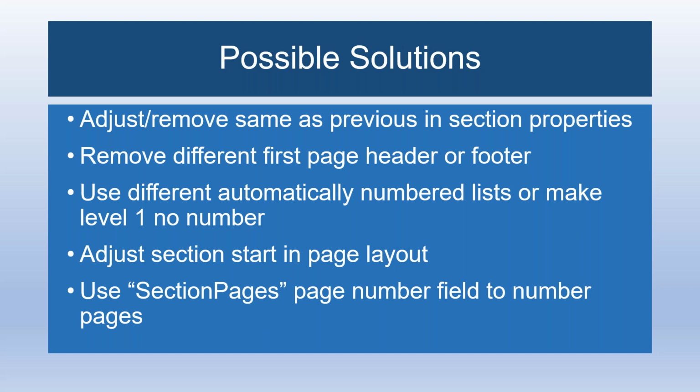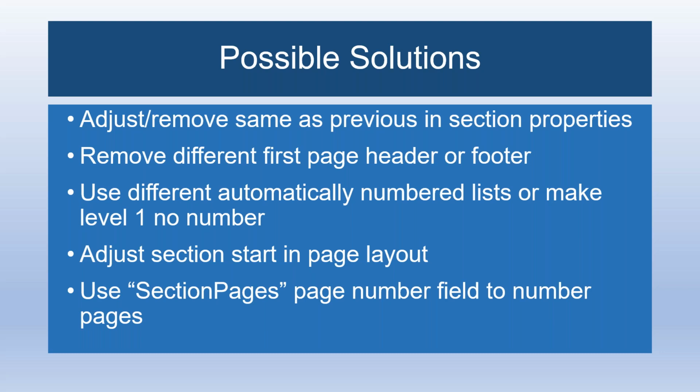The other thing that you need to look at is different first page header or footer. So you have a section where you have a different first page header and footer, and it consists only of one page. And you end up inserting things or putting in logic that results in that section being more than a single page.